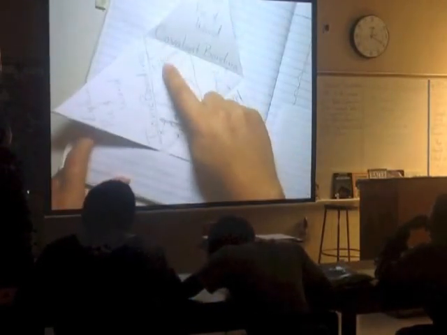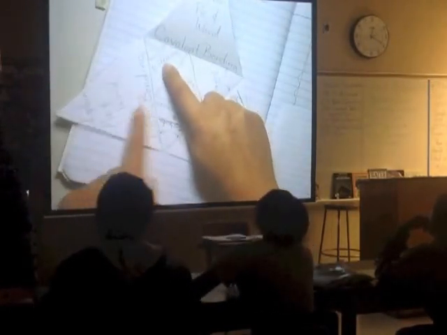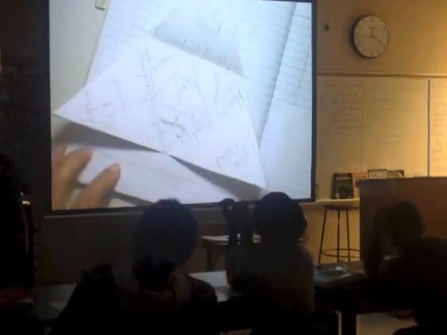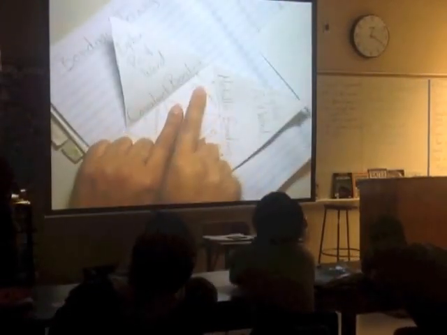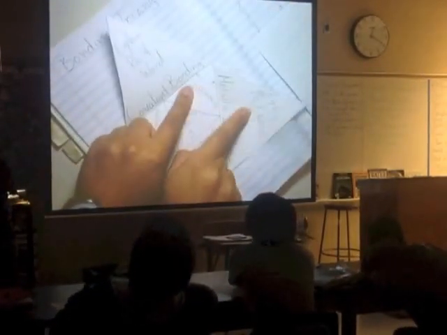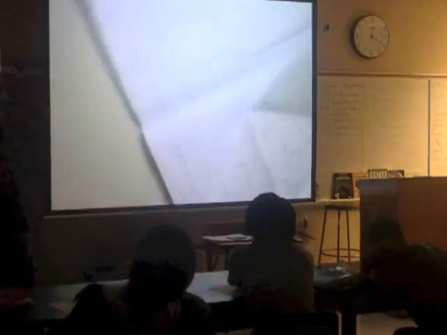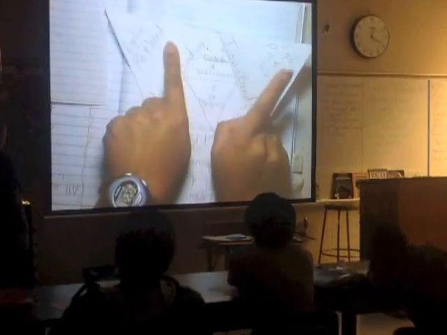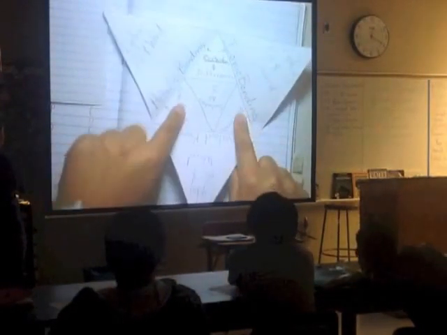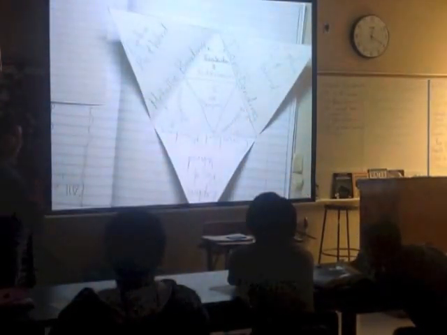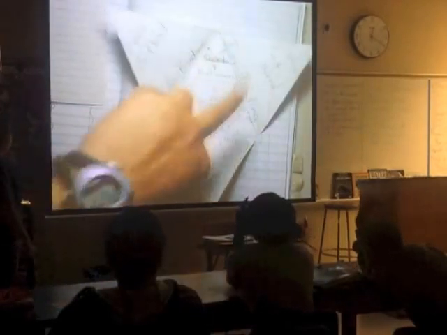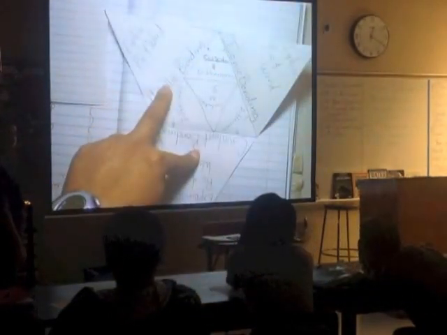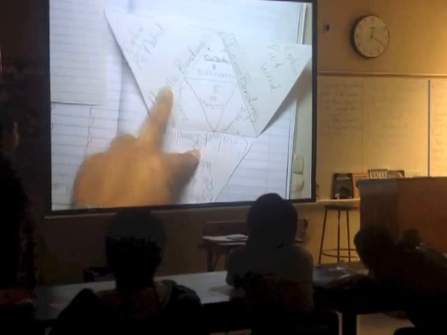So here, I would write the differences between ionic bonding and covalent bonding. Here, I write the difference between covalent and metallic. Here, I write the difference between metallic and ionic. So in these outside ones, you're writing the differences between the 2 that touch that triangle. Everybody see that? Okay. All right.